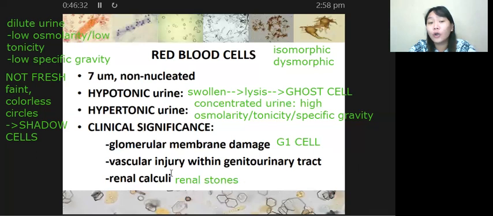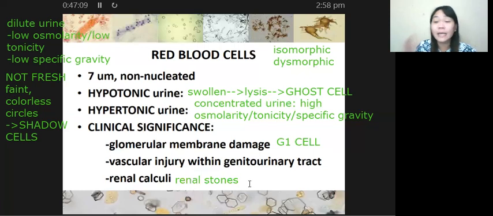If your renal stones go down your genitourinary tract, of course, there is a possibility that they will lacerate the walls of your urinary tract. And if the walls of your urinary tract are damaged, that means there is vascular injury. Kung may vascular injury, syempre nagdudugo, may bleeding, and your red blood cells will now be present in your urine sample.